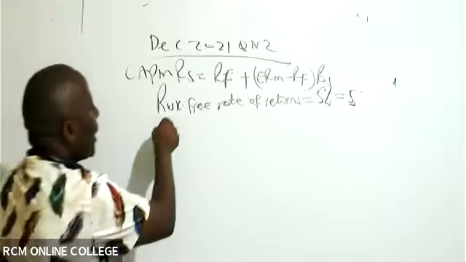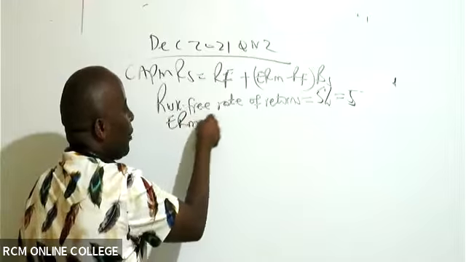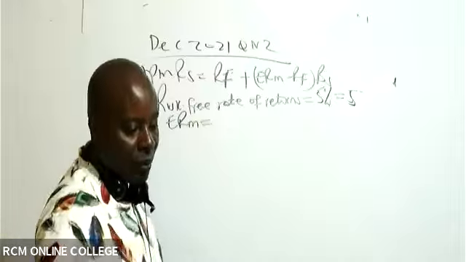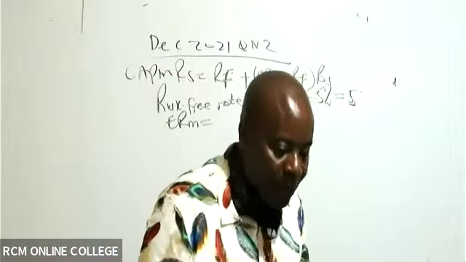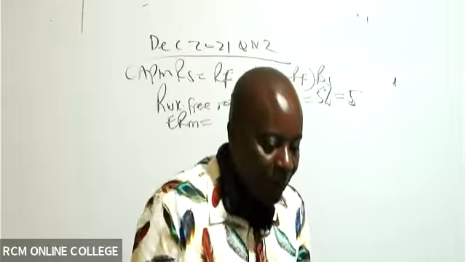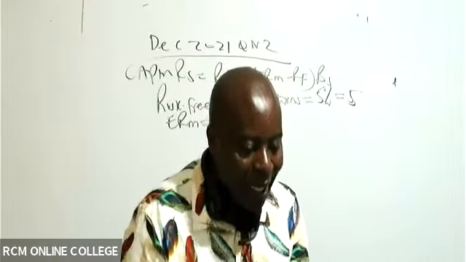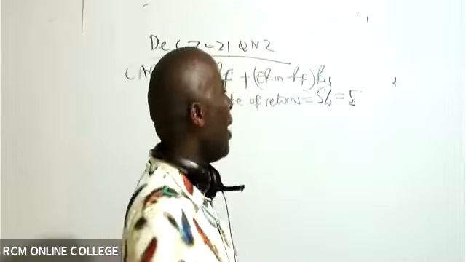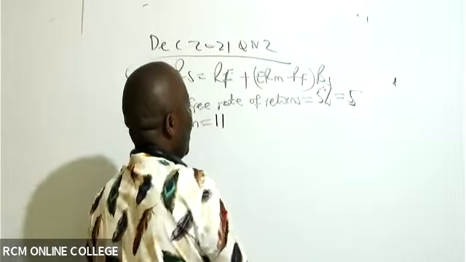So do we know the expected returns of the market from the question? They have told us before. There is a paragraph saying the overall return on the market portfolio of risky assets is 11. ERM is 11.